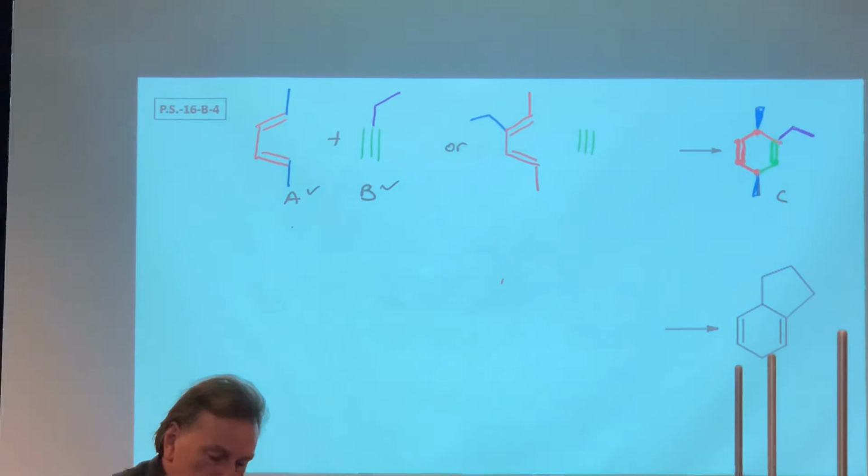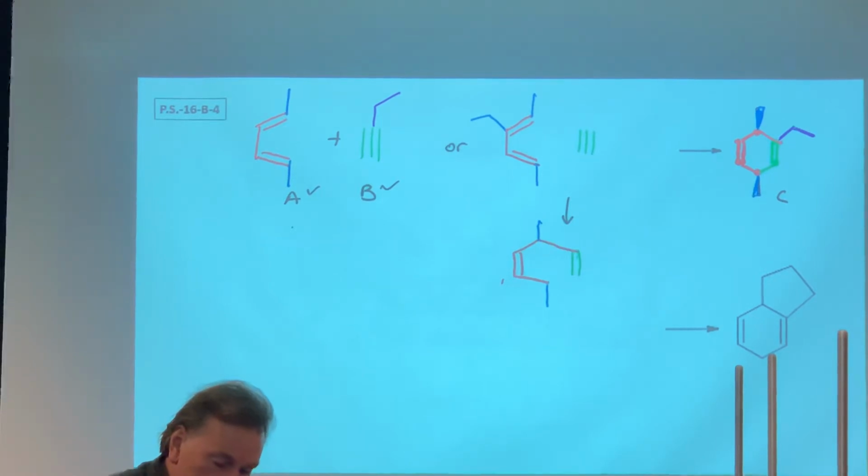If that's the case, what would that give me? Let's put that play over here. So, you have this. And again, let's put colors here to see this and then this. Okay, so if we do this kind of thing, we'll have this, and the double bond will be here, right?